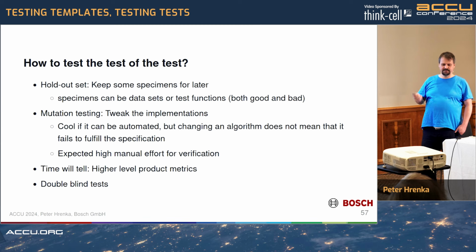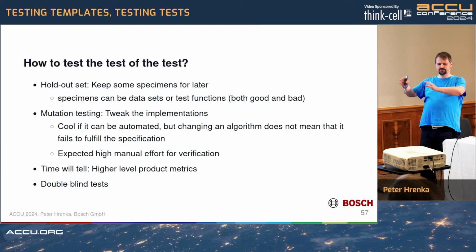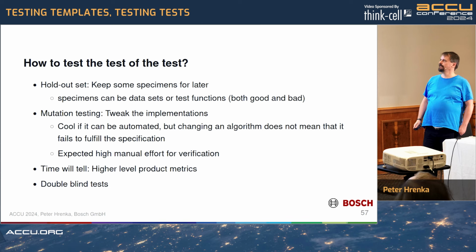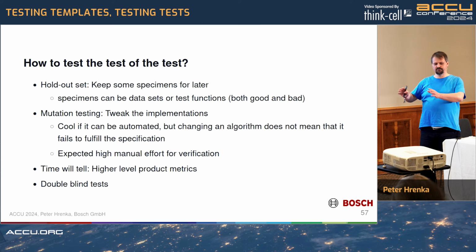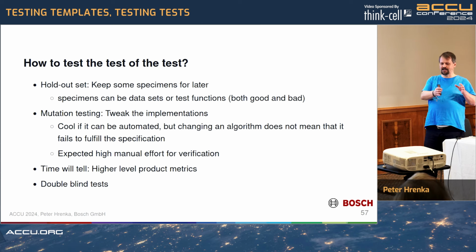In AI, in machine learning, there's this idea of a holdout set. This holdout set means I do the training and I do my work with some set of inputs, which I know are good or bad. This really matches this method here, but I don't do that with all the values and all the inputs that I have. I have some set that I also know the answer of, but I don't put it to the test.